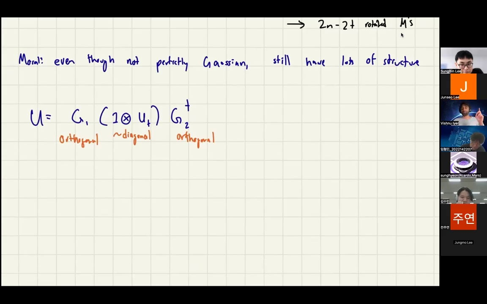Can someone tell me a matrix decomposition theorem where you take a matrix and you write it as orthogonal times diagonal times orthogonal? Does anyone know a matrix decomposition lemma like this? Diagonalization. Diagonalization makes this and this the same thing, but these are different. So almost. SVD.